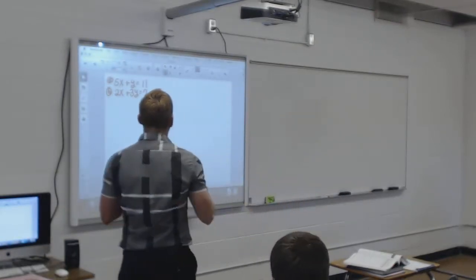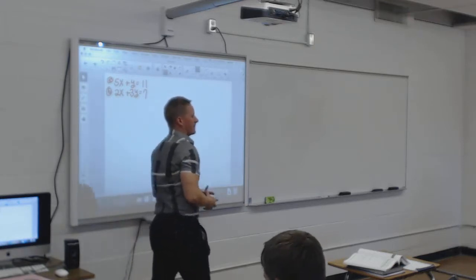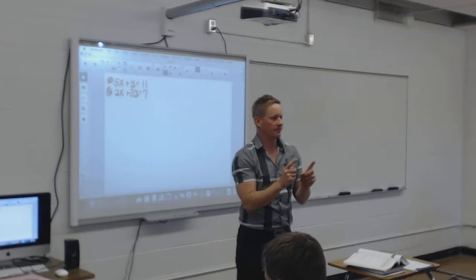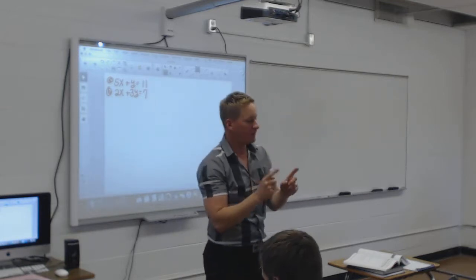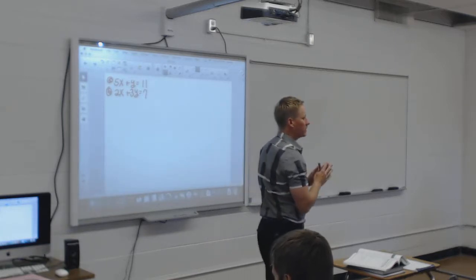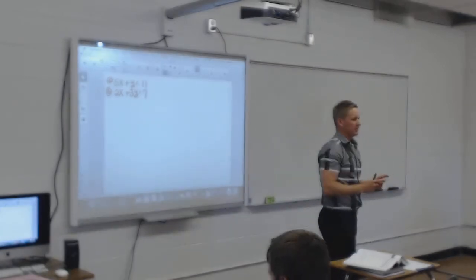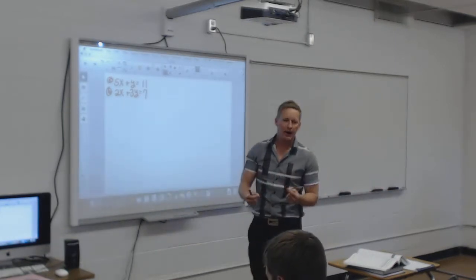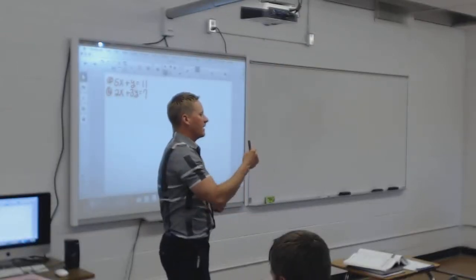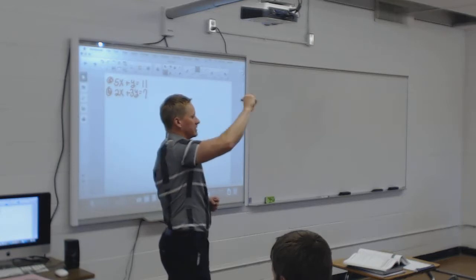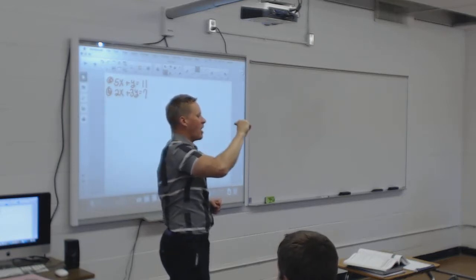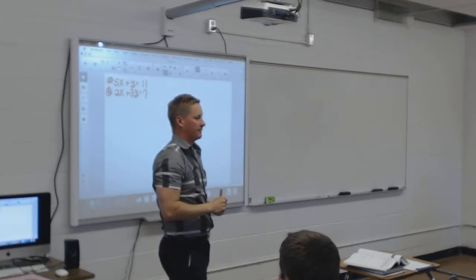Here's what we look for again. We are looking to match up coefficients so that I eliminate, that's what we call eliminate, one of the variables. In order to do that, I'm going to make sure that on the top one, I have a coefficient that has its additive opposite on the bottom one.